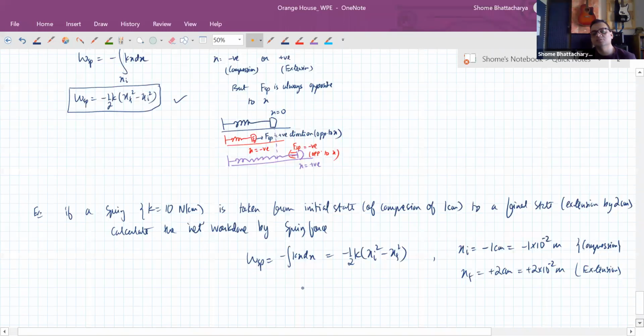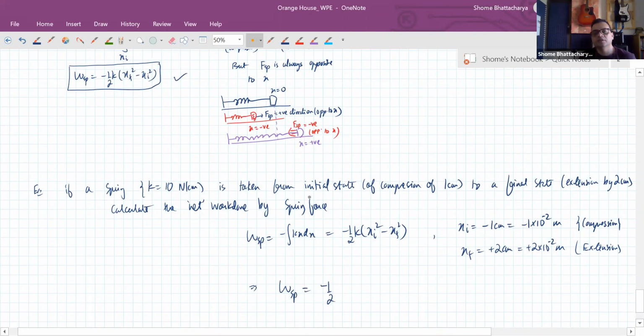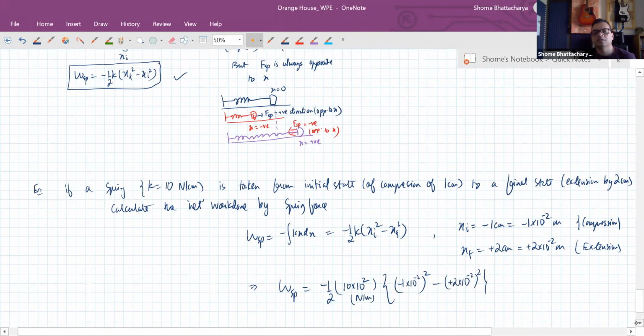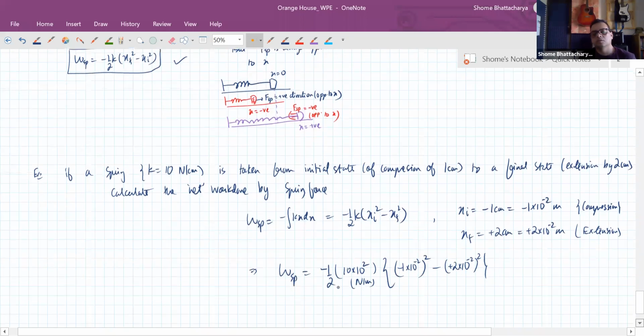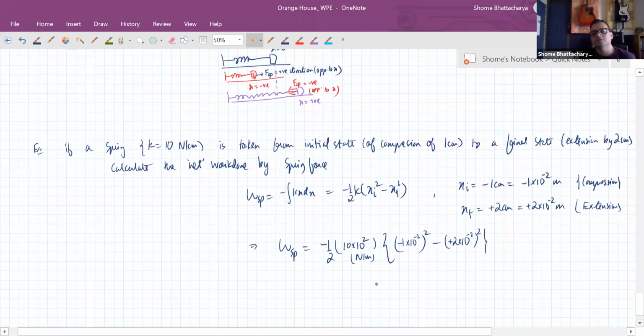So the net work done by the spring will become minus half into k, which is 10 into 10 raised power 2 Newton per meter, into x initial square minus x final square.